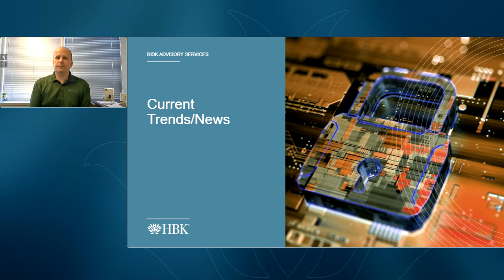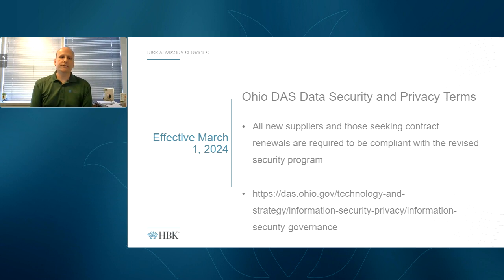With that, I wanted to touch on some current trends and news developing. One thing we've noticed here, we have locations here in Ohio, and the state of Ohio has issued some new data security and privacy terms. These are for new suppliers and those seeking contract renewals.